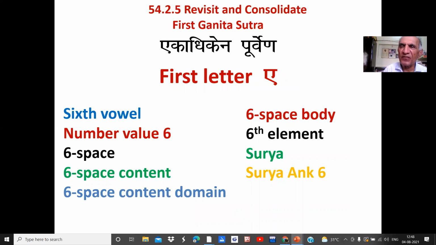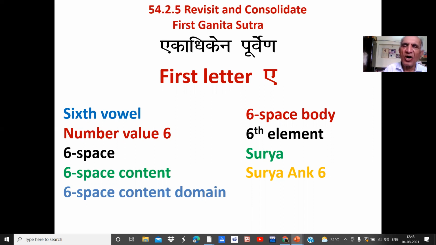Ekadhikena is the first word formulation. A is the first letter of this text. As such, the first letter of the text of Ganita Sutras is the sixth vowel.